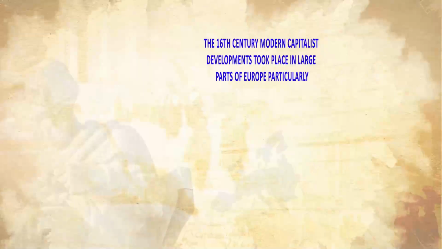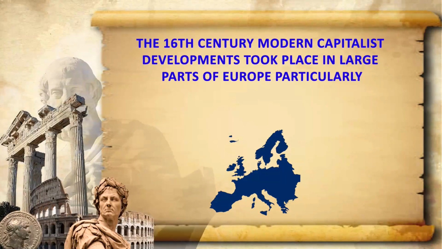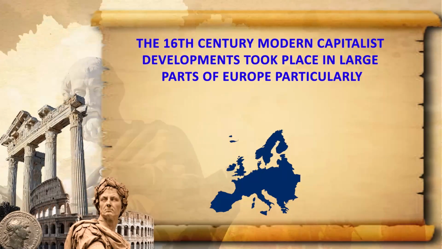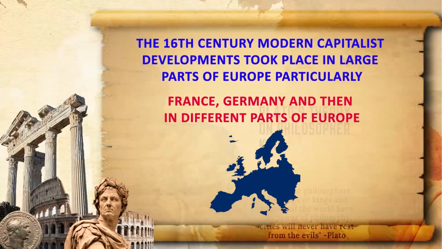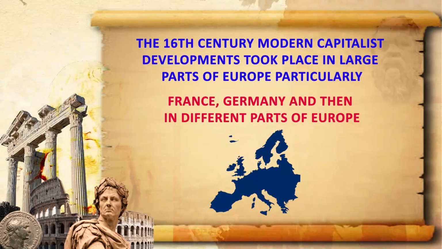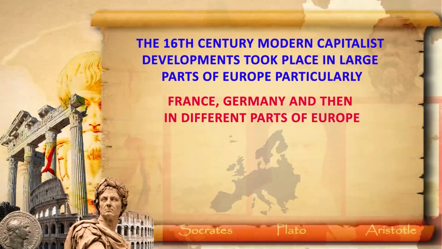Another important development in the state system was the imperialistic nature of the European states. As we all know, from the 16th century, modern capitalist development took place in a large part of Europe, particularly in England, France, then in Germany, and then in different parts of Europe.